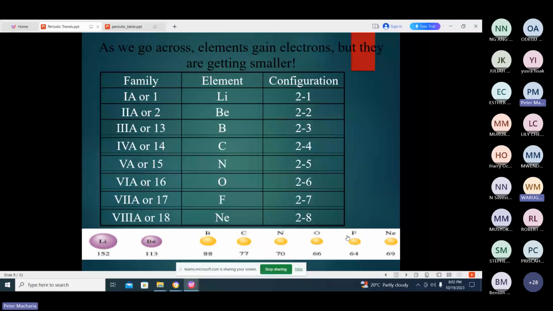Now, for elements in group 6 and 7, usually they achieve the noble gas configuration by attracting 1 or 2 electrons. Now, the smaller the atom is, the easier it can attract those electrons.